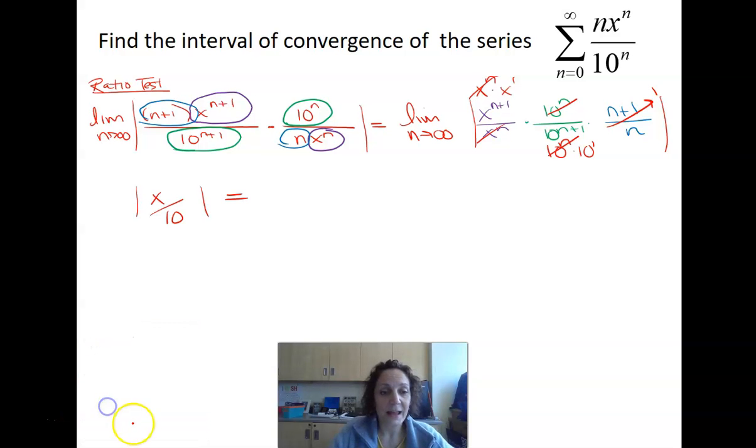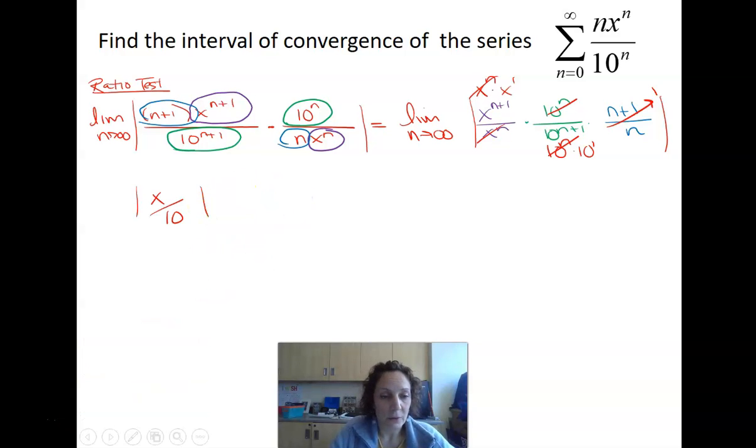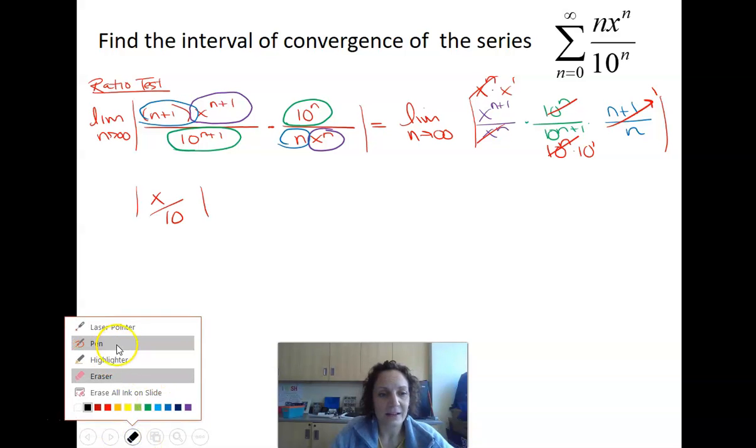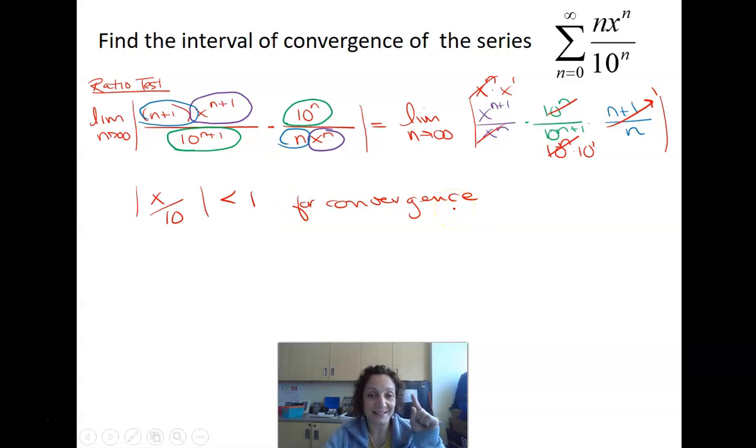And here's what I know. If you've used the ratio test for convergence, we know the ratio test has to come out to less than 1. So for convergence, this quantity has to be less than 1, because the ratio test says if you put those two terms in the quotient and you push that limit to infinity, as long as your result is less than 1, that's convergence.